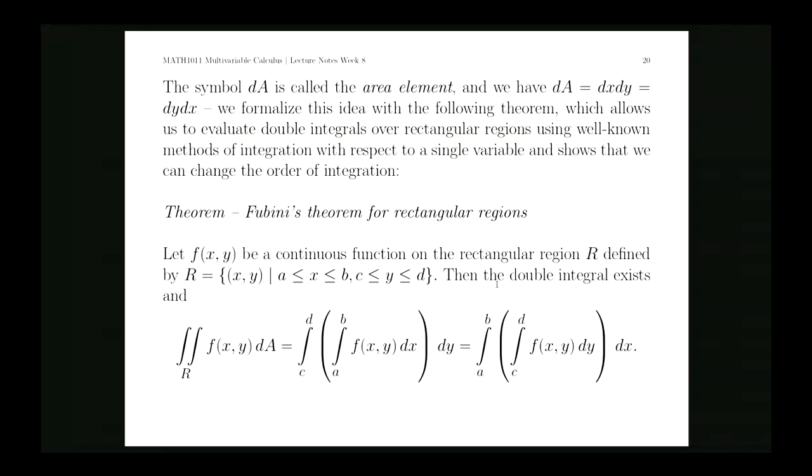The volume, which is given by this double integral, and the region I'm integrating over in the xy plane for the moment is a simple rectangle where x goes from a to b, and they're constants for the moment, and y goes from c to d. Then what Fubini's theorem says is I can calculate this integral these two ways. These are called iterated integrals, and normally the brackets are omitted, right?